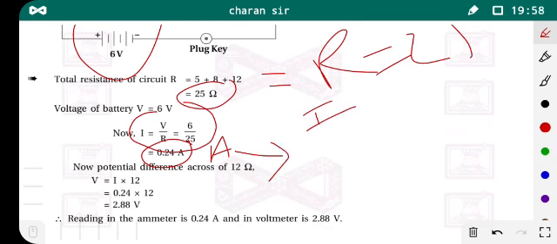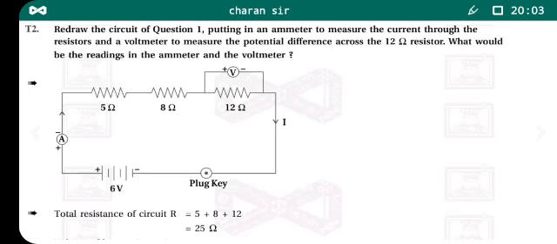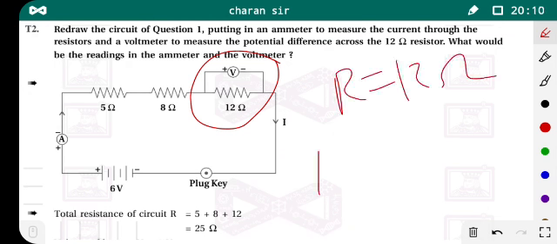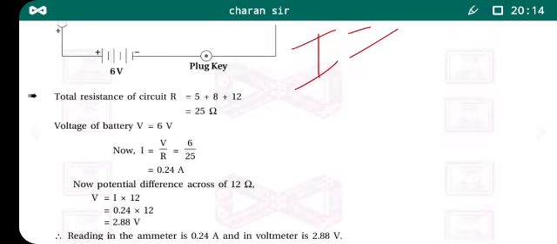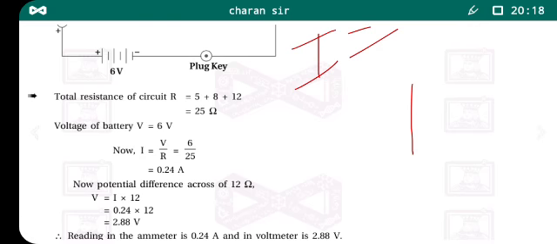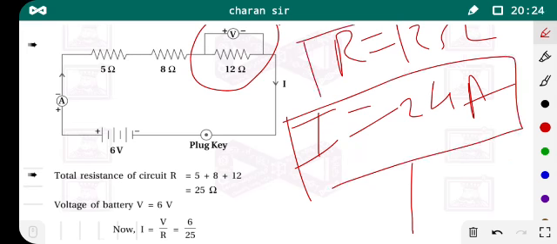Now we want to know the voltmeter reading. Here the voltmeter is connected across the 12 ohm resistance. So we have the resistance value of 12 ohms, and the current through the circuit that we found, 0.24 amperes.